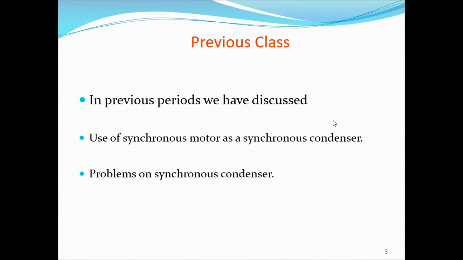That is the minimum current value. That point is called unity power factor, and the left hand side of the curve is called lagging power factor, and the right hand side of the V curve is called leading power factor. In both lagging and leading, the armature current is high.